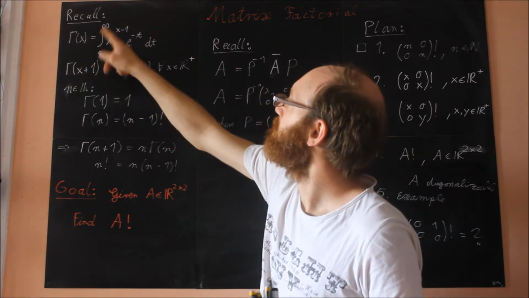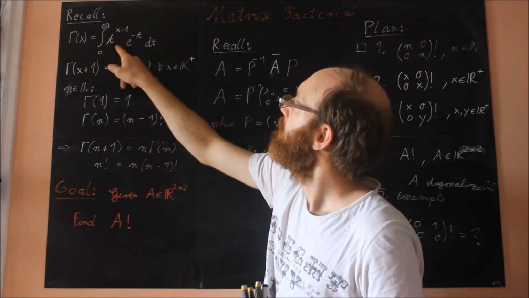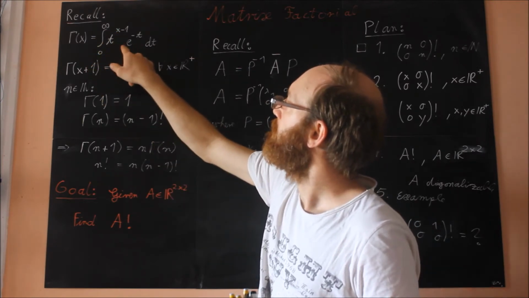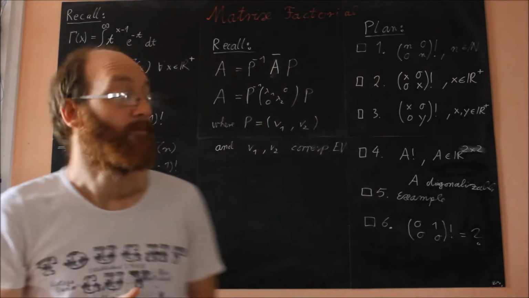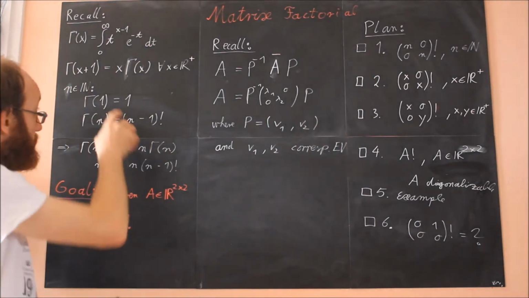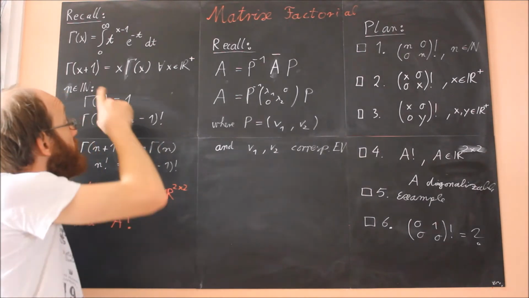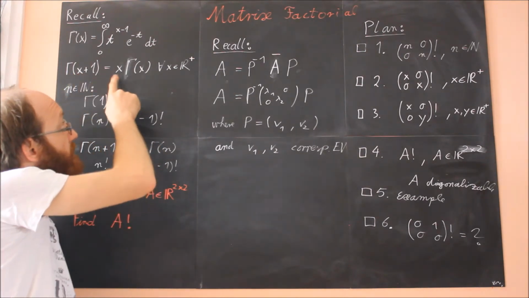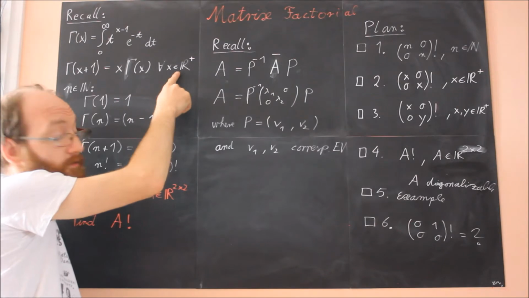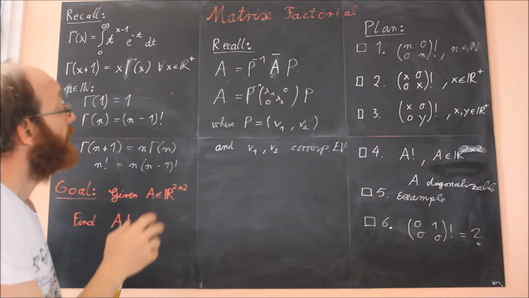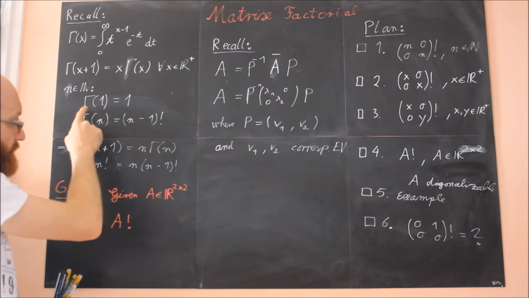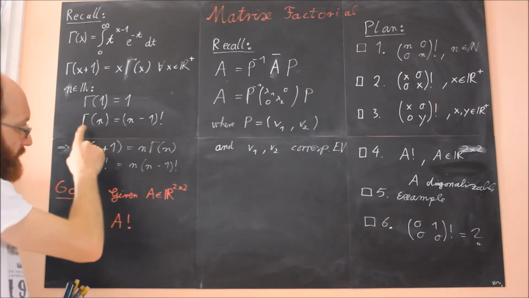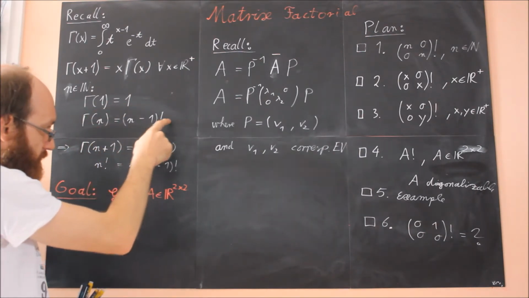Also I want to recall the gamma function. The definition is the integral from 0 up to infinity of t to the power x minus 1 times e to the minus t dt. With this definition we have a nice recursion: gamma of x plus 1 is x times gamma of x for all positive reals. If x is natural, we find gamma of 1 is 1 and gamma of n is n minus 1 factorial.